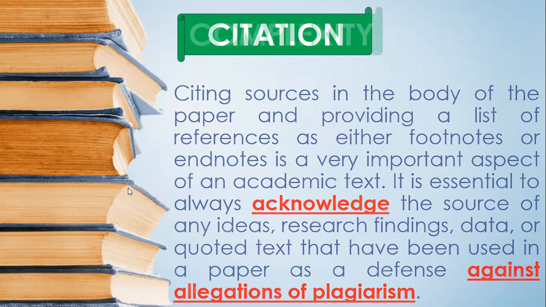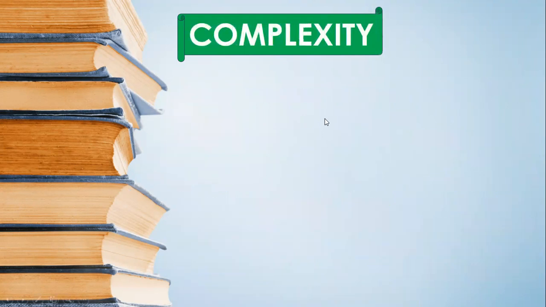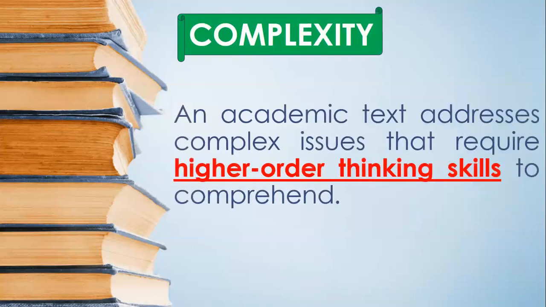Next is complexity. We all know that the main nature of academic text is complexity. And what do we mean by complexity? When you are writing your academic text, you are required to use your higher order thinking skills.